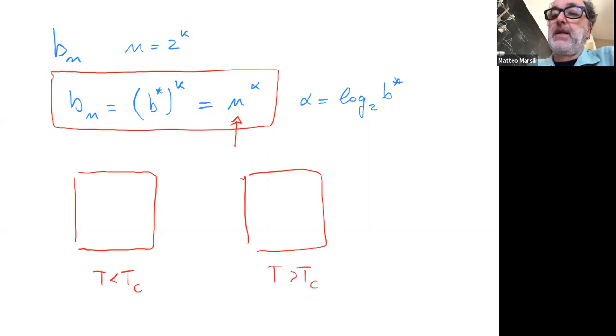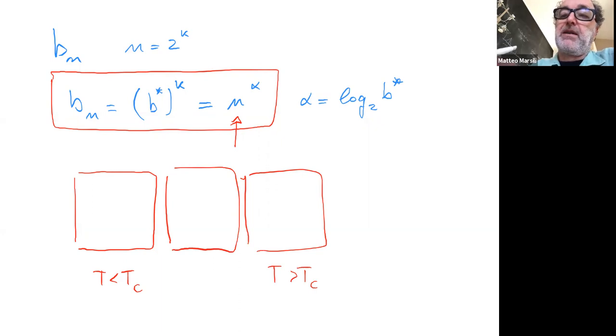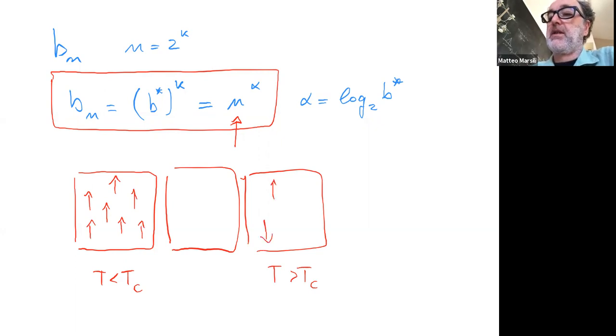And right in the middle, so for example, if you look at a ferromagnet at low temperature, it will have all its moments in the same direction, whereas at high temperature, all the spins will be aligned in different directions.